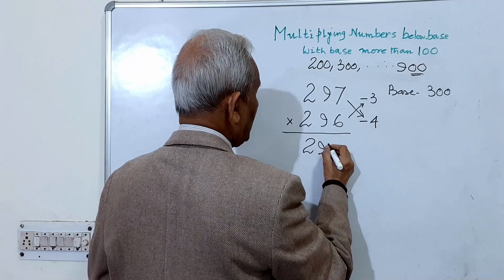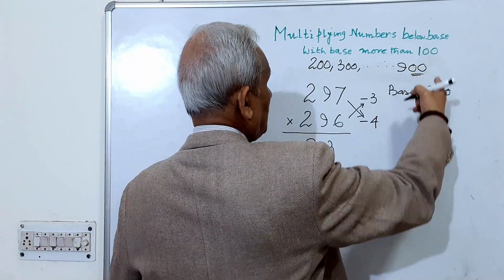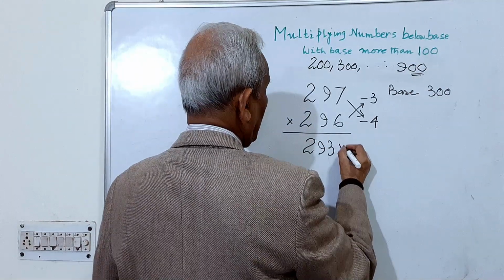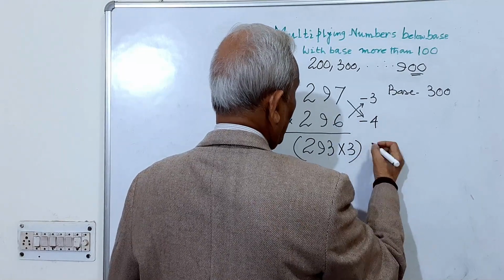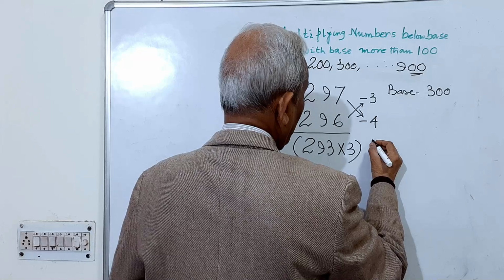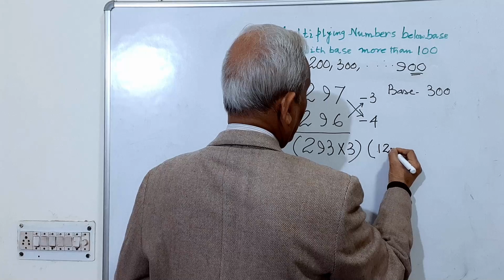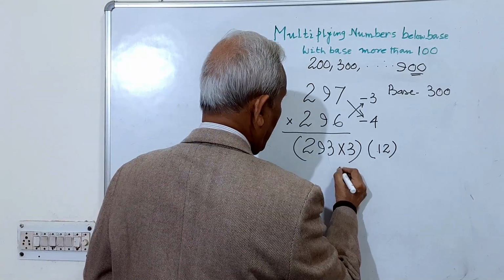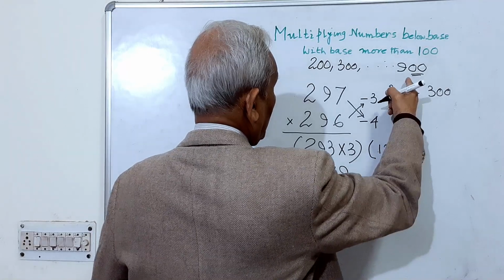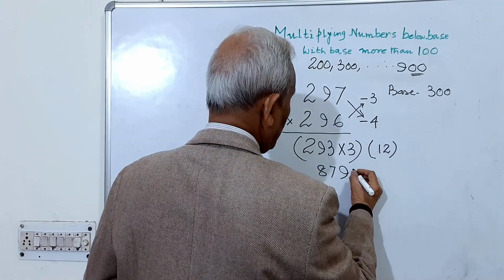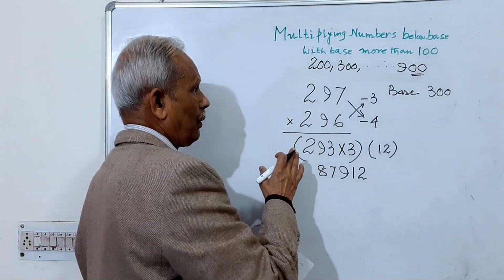So we write here 293, but here the base is 300, the third multiple of 100, so multiply this with 3. The second part of the answer is minus 3 into minus 4, which is 12. Here it's 879, and 12. The base has got 2 zeros, so this has got 2 digits, no issue, 1 and 2. 87912. I hope you have followed it.